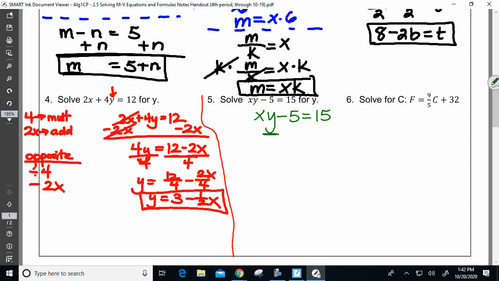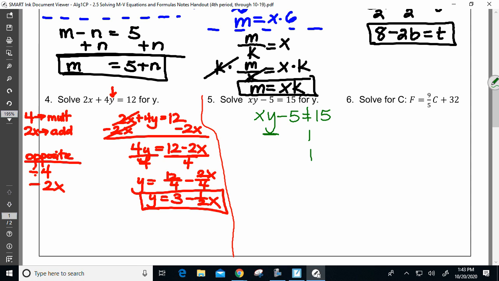That means everything with the y has to go. Everything that's on the same side with the y has to go. So, there's y. What else is over there with the y? So x is over there.